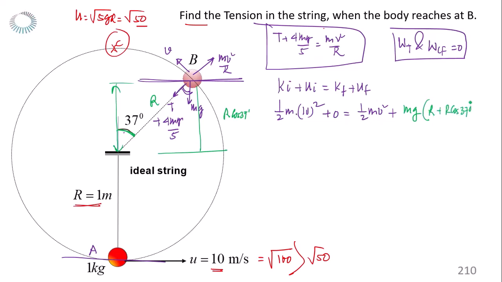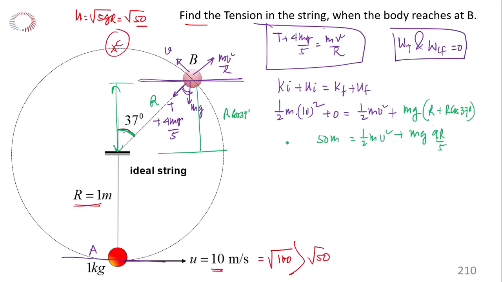Cos 37 is 4 by 5, so that means 9r by 5. So that means mg into 9r by 5. And here 10 square means 100 by 2, which is 50m. So 50m equals half m v square plus this number.